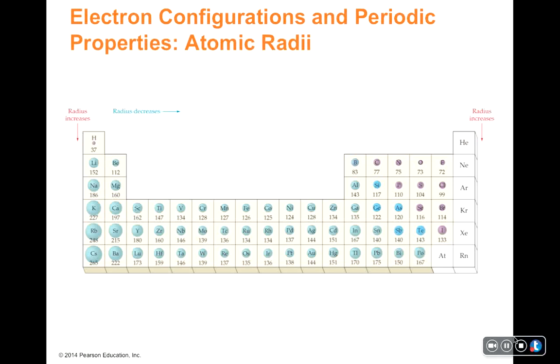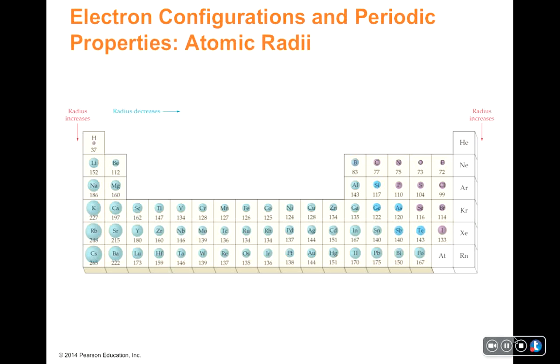Something different that we see as we go across a period. So if you look, say, at period 2, lithium, beryllium, boron, carbon, nitrogen, oxygen, fluorine, neon, the noble gases are not shown in the radius anyway, as you go across, you see that the radius decreases. Okay, so the trend as we go across a period, the radius decreases. And you might think that seems odd because we're adding electrons, right?